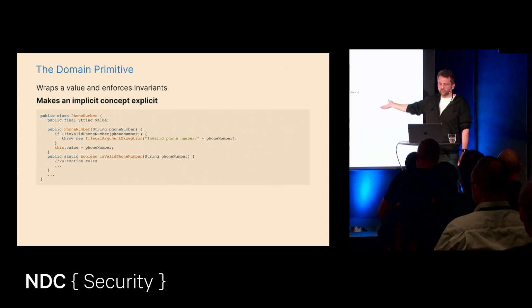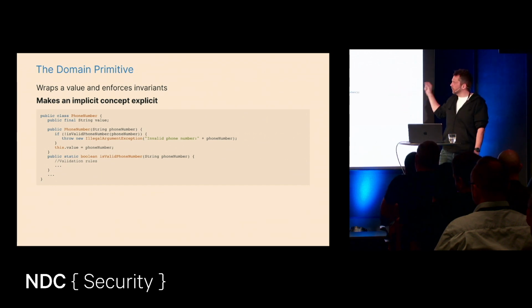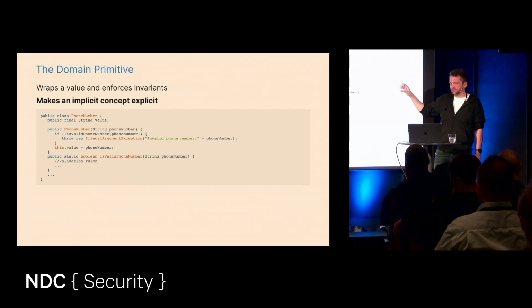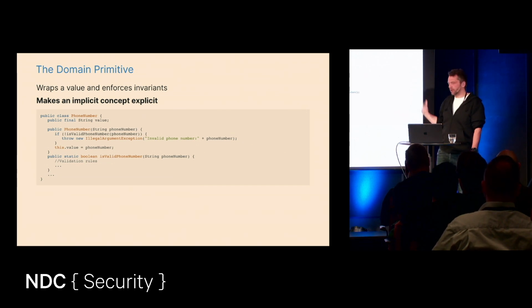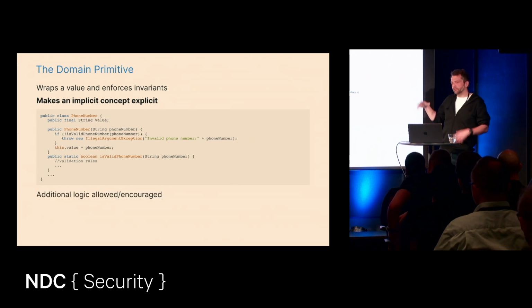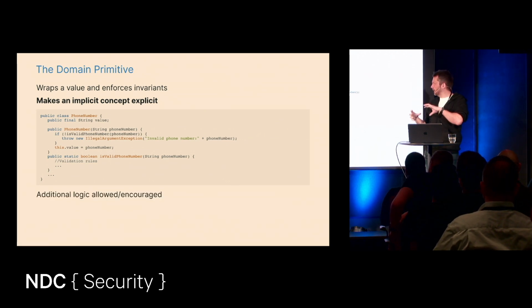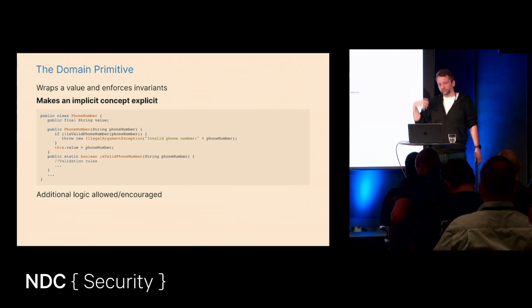We don't want anyone to be able to modify this later, so we set it up as final. And we actually want code later to be able to get the value, but if you ever need to do an operation that belongs to phone number, say I want the area code or I want the country code, then that also belongs in this class. So don't make wrappers around data and then put logic that relates to that concept elsewhere. Also add stuff like that.